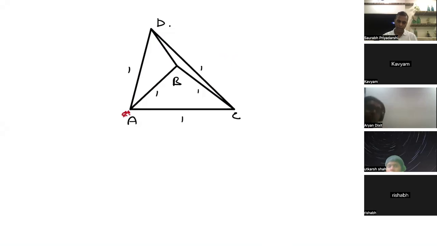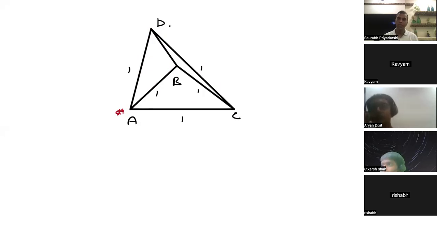At each vertex, it chooses one of the three edges meeting at that vertex.